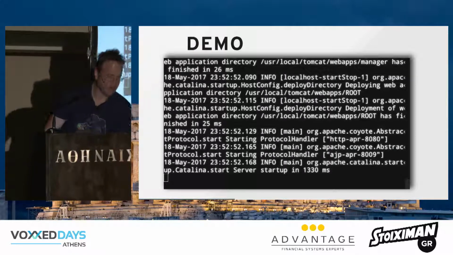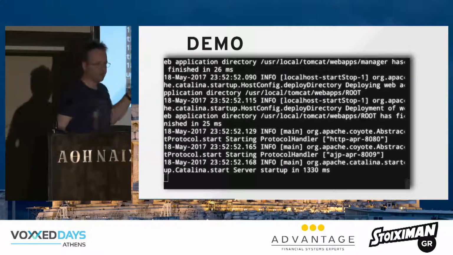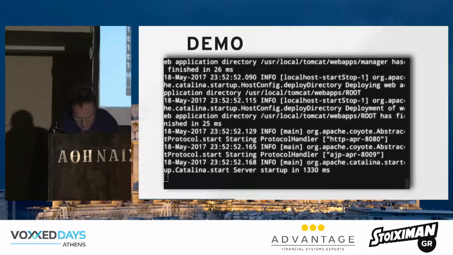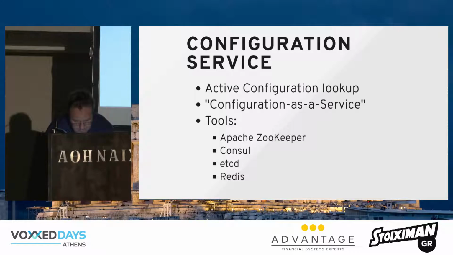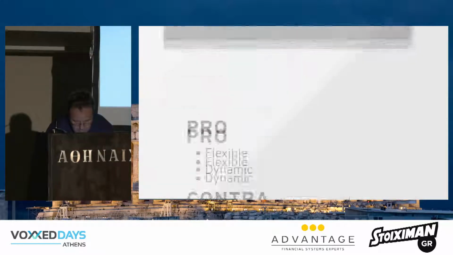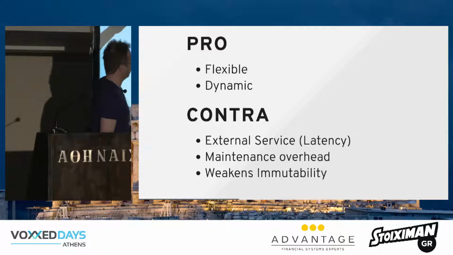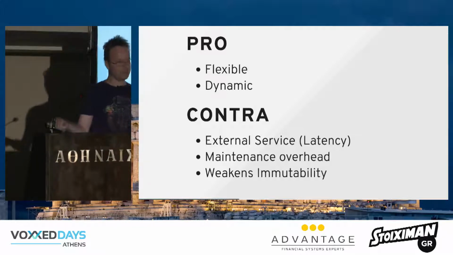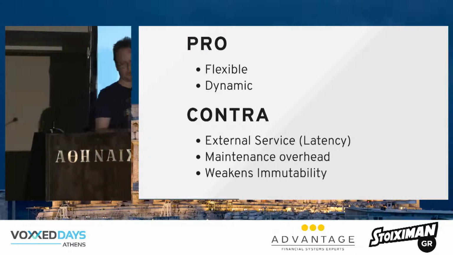So the point here is, as you have seen, I can change it also after the container has started. This is really the advantage of this approach, that it's dynamic, that it's flexible. Of course, the drawback is that you introduce some sort of external service, and so you also introduce some sort of latency.